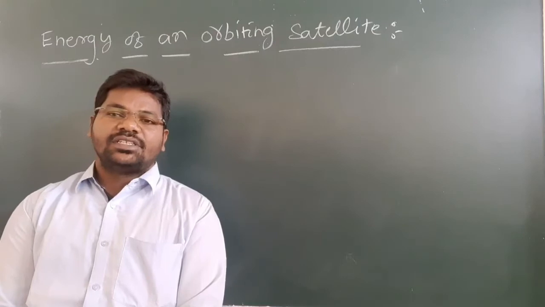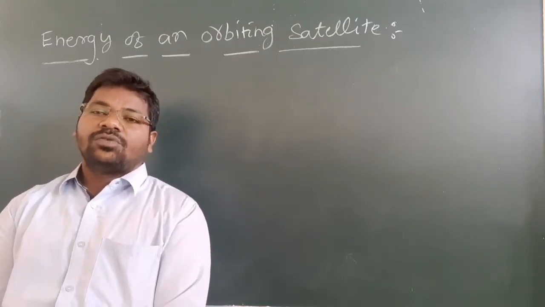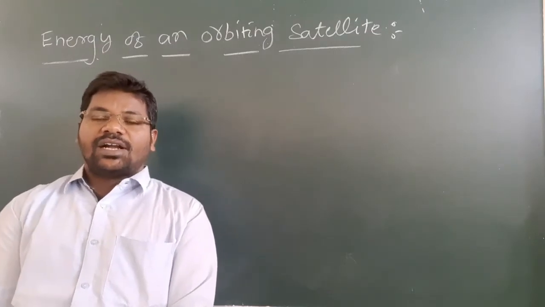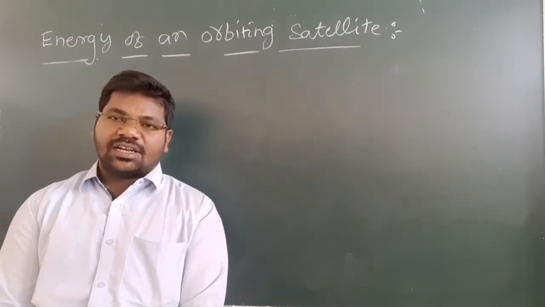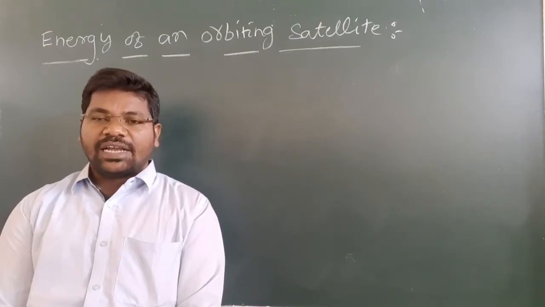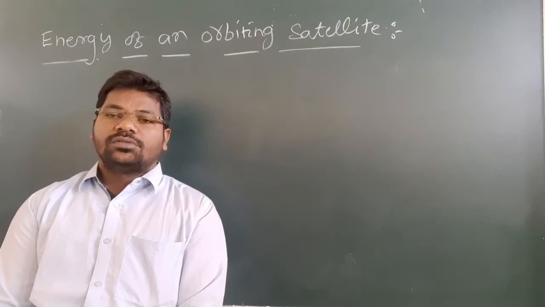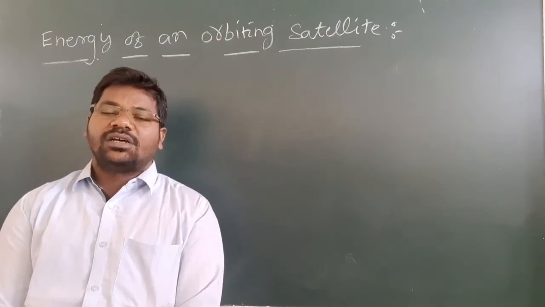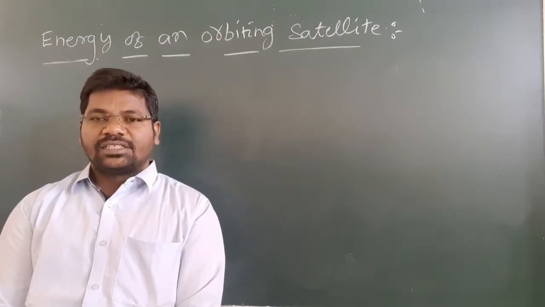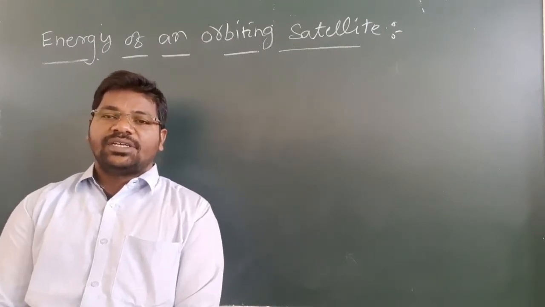Here we have two types of satellites: natural satellites and artificial satellites. An example of a natural satellite is the moon, which revolves around the earth. Artificial satellite means man-made.